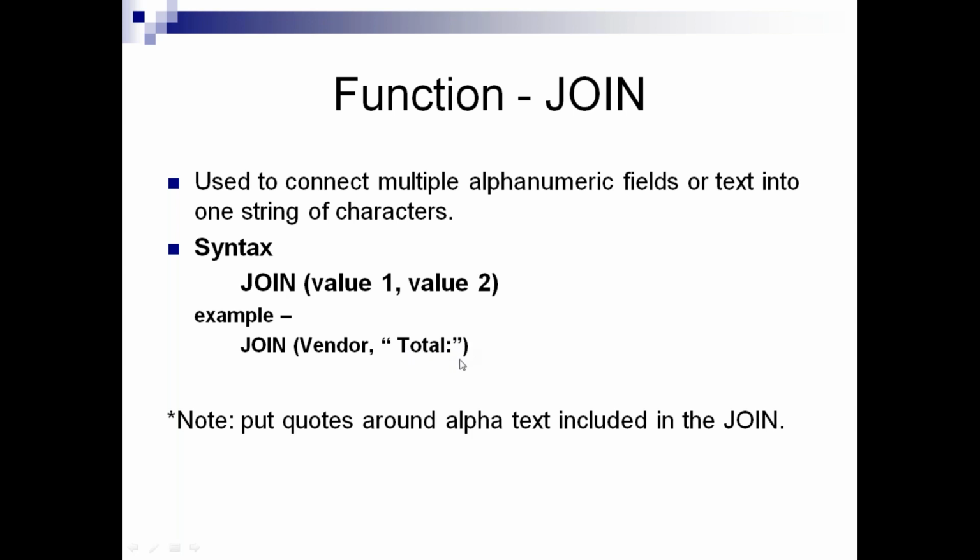Now, one thing to note on this screen, spaces: the system does not put automatic spaces between these values. If I did not put a space inside this quote, it would run the vendor ID and the word total together.